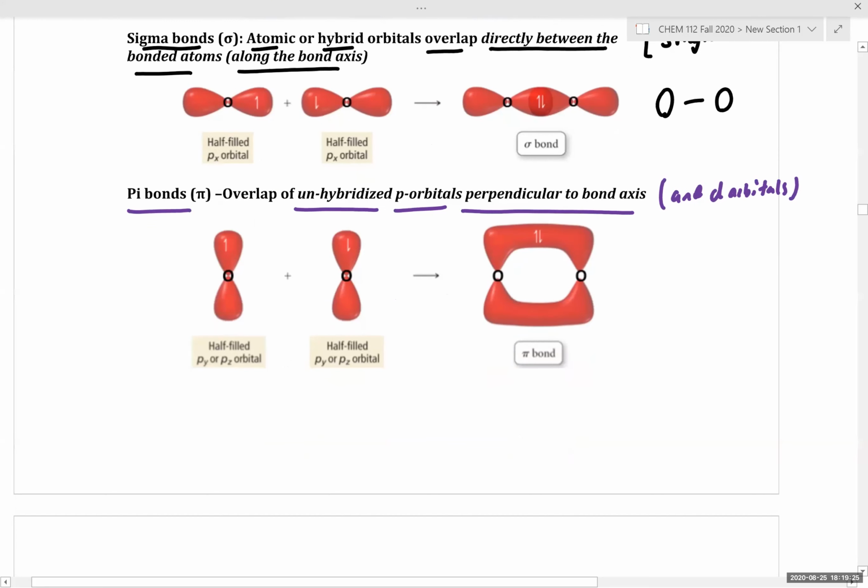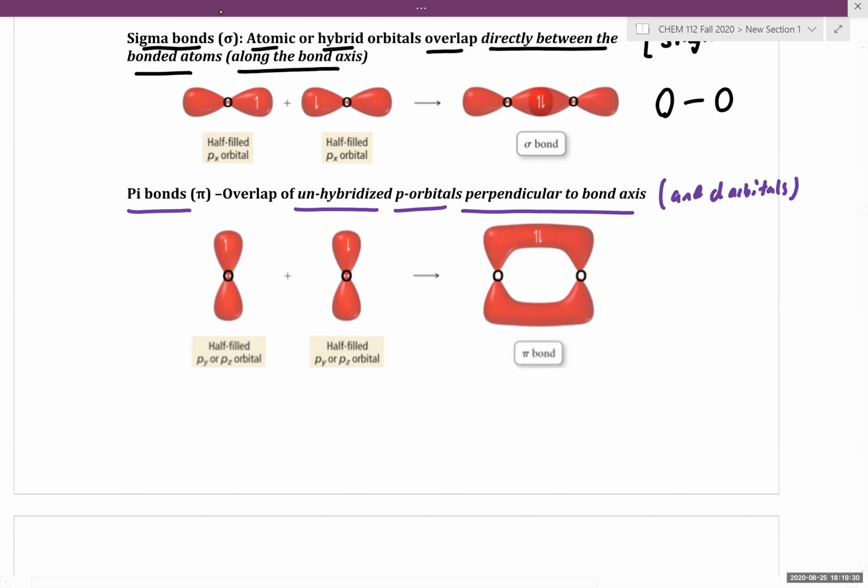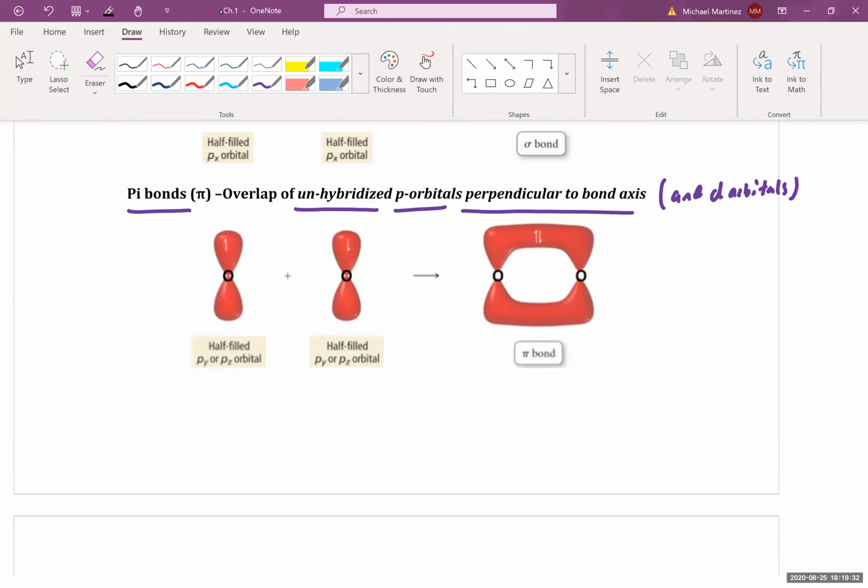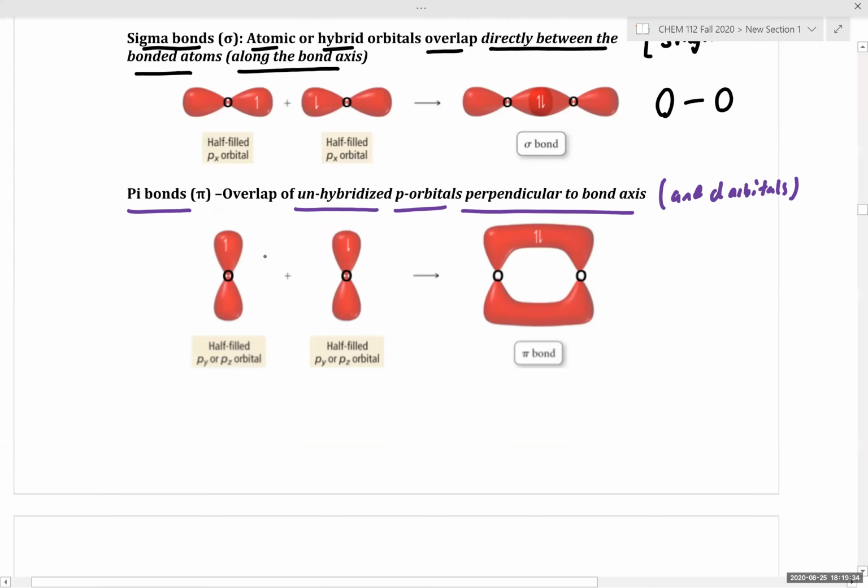So as we notice, the pi bond is an overlap perpendicular to the bond axis. When I see the word pi bond, I like to think double and triple bonds.